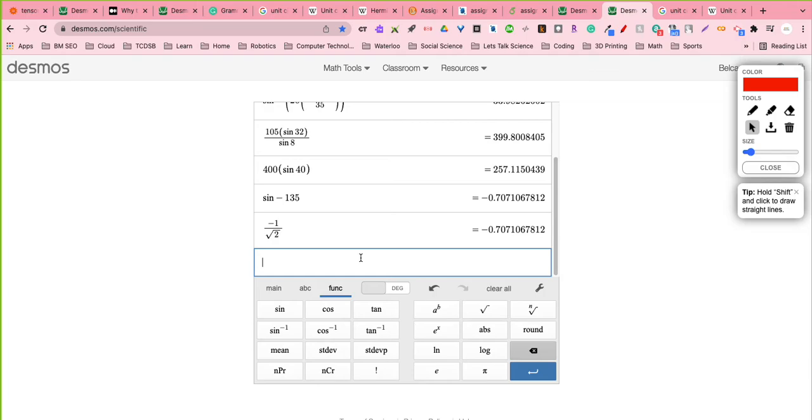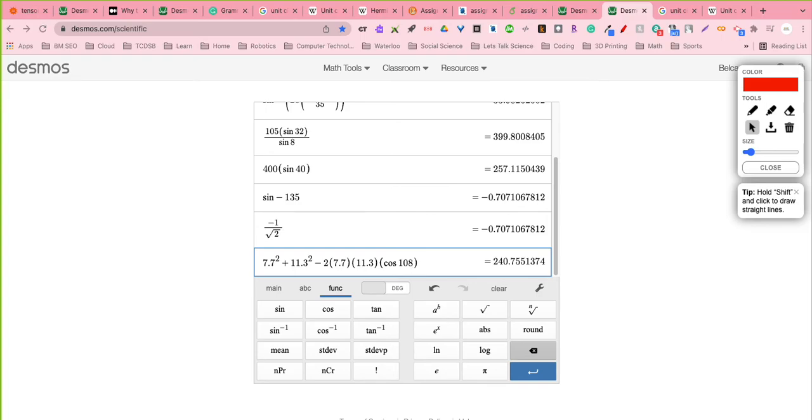So I'm going to rewrite this question right now: 7.7 squared plus 11.3 squared minus 2, I'll put brackets for times, 7.7, 11.3, and then cos 108. And right away it literally just gave me an answer. It says it's 240.7 approximately.